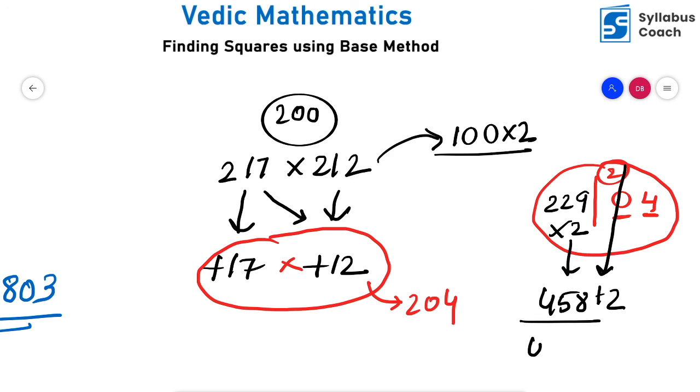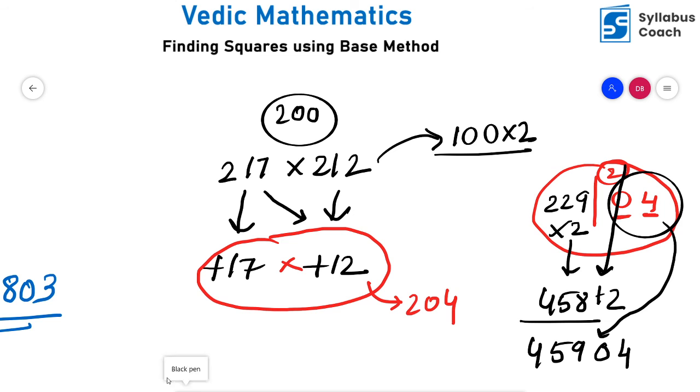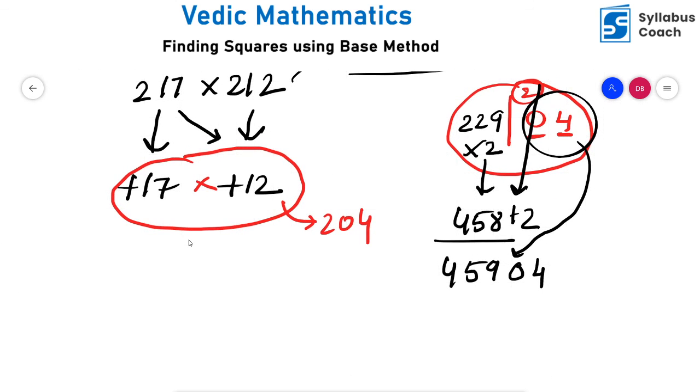So that becomes 459. But I also have 04 here. Bring it down, students. So it would be 45904. Is it correct? No, right? Because 458 plus 2 is 460. So this should be 46004. So the answer to this question is 46004.